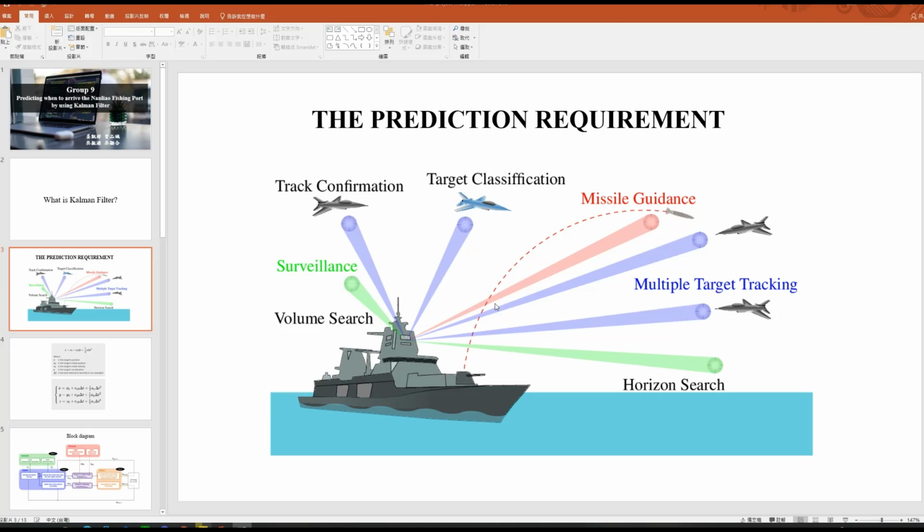Due to measurement noise and process noise, the estimated target position can be far away from the real target position. In this case, the radar might send the track beam in the wrong direction and miss the target. So in order to improve the radar tracking performance, we need a prediction algorithm that takes into account process uncertainty and measurement uncertainty.